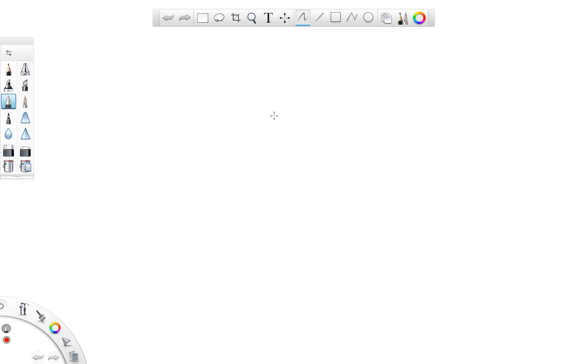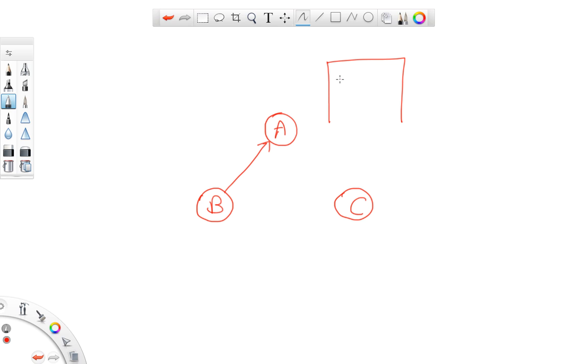So if we have routers A, B, and C, when A receives an update from B, it will, in its routing table, add to that route the next router as B, and it will increment the number of hops, okay?